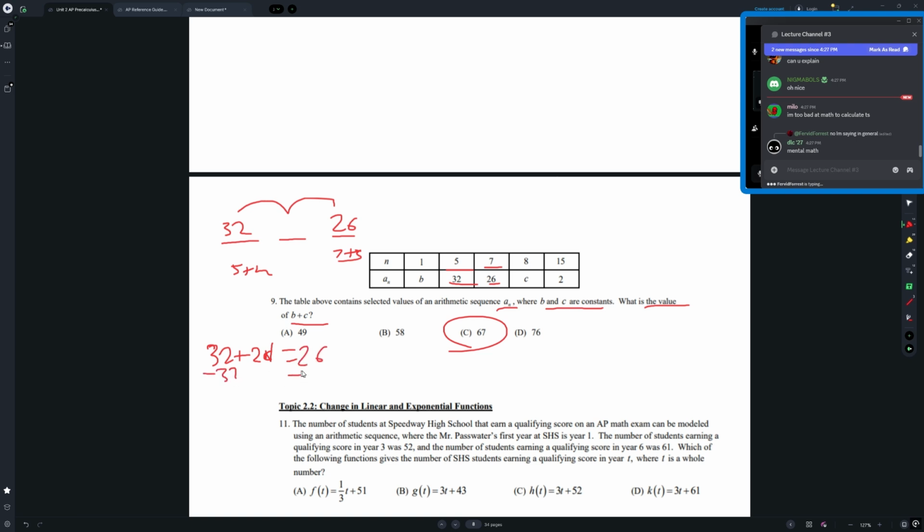Subtract 32 on both sides to solve for D, and that would be -6 is equal to 2D, and D is equal to -3. So that's our D ratio.